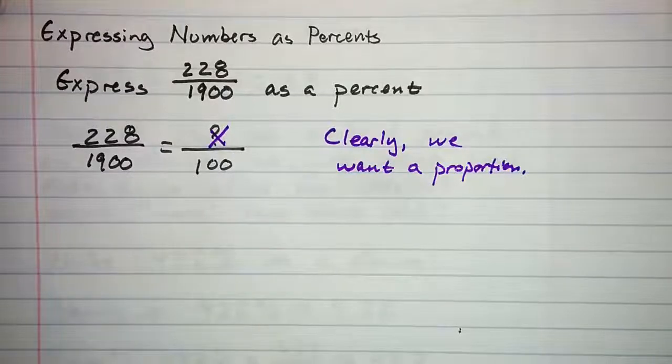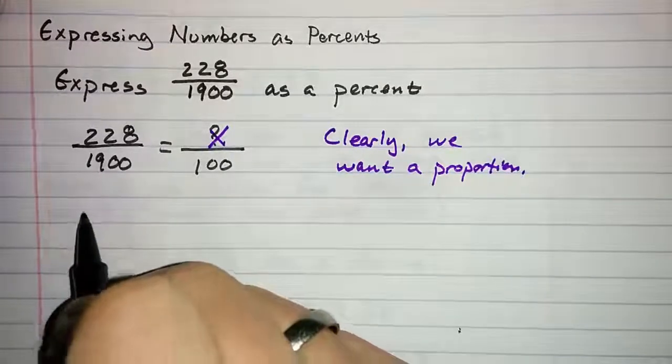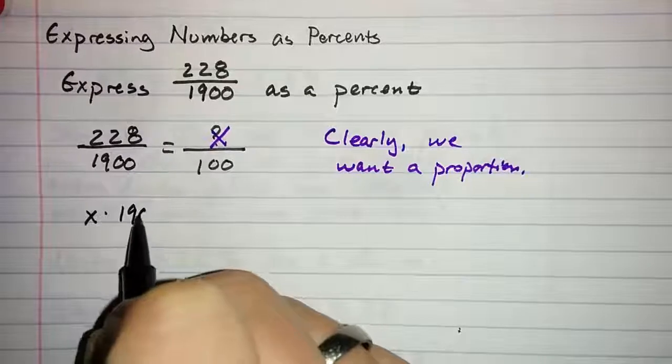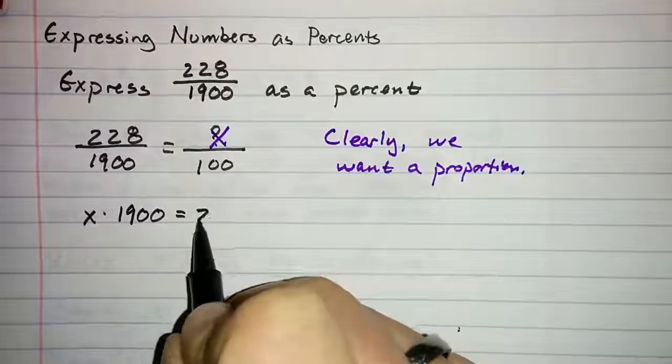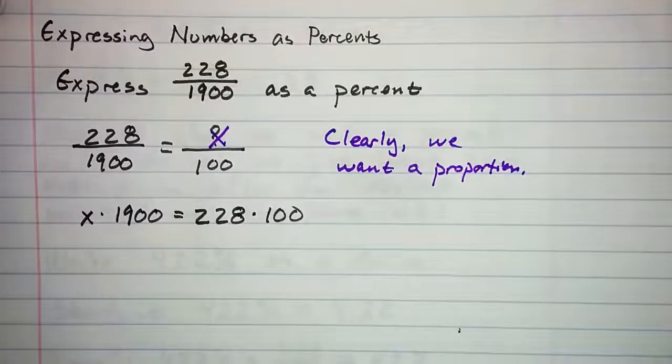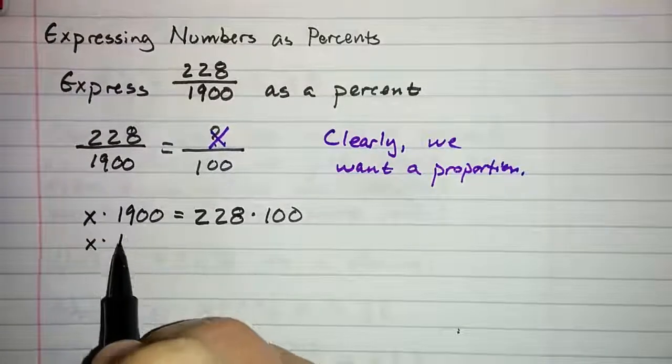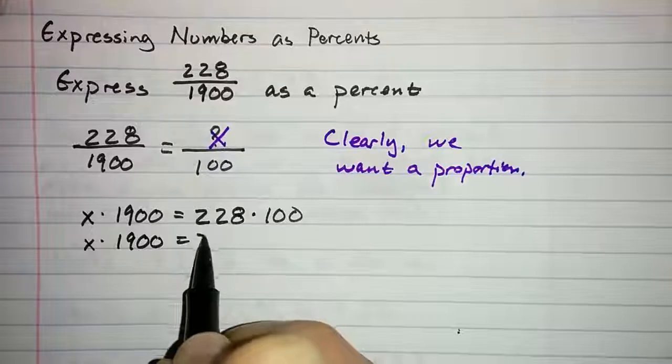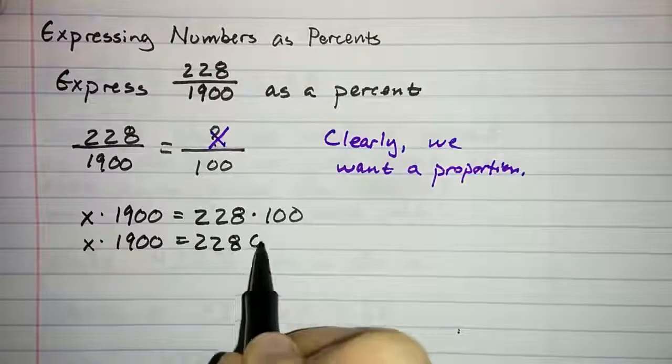So we'll have x times 1900 is 228 times 100. X times 1900 is 22,800.